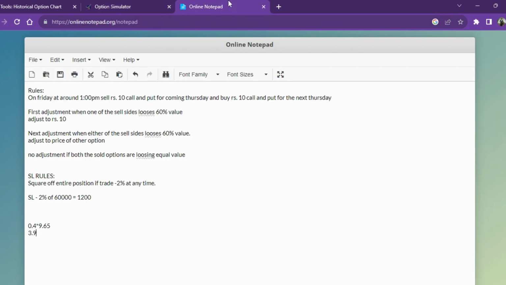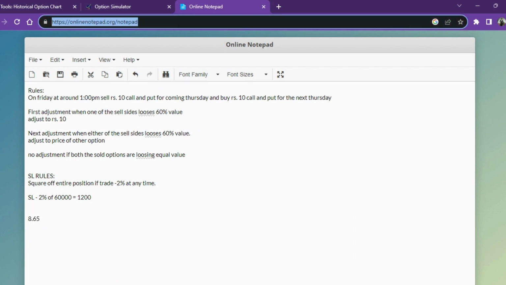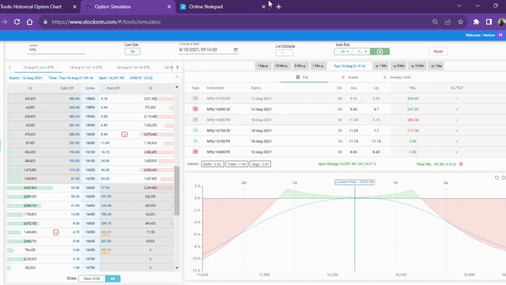So now let's go back to our positions chart. So one of the positions is at 8.65 that we have sold, and the other one is at 4.7.